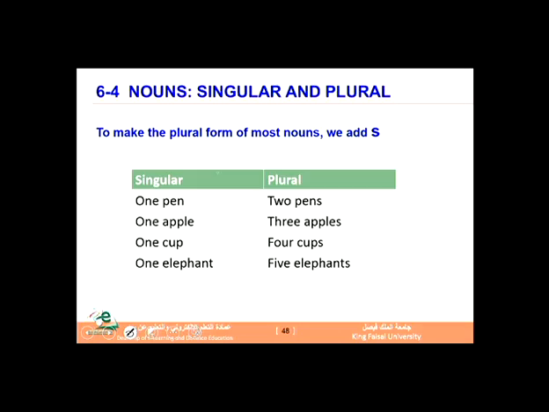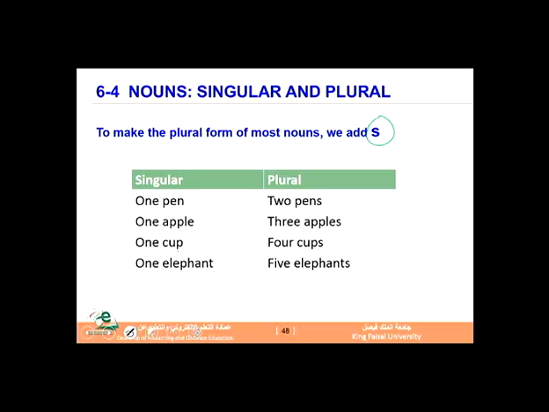Okay. Now, there is a way of making a singular noun into plural noun. So we change the noun that is in the singular to the plural by adding s to the end of the word. So we add an s to the end of the word. So those are singular nouns: 1 pen, 1 apple, 1 cup, 1 elephant.